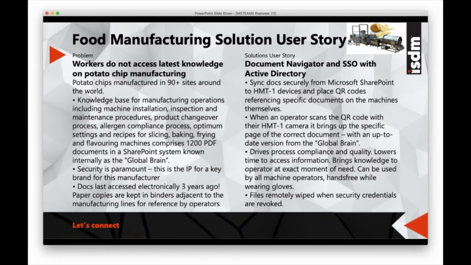We've got an example here for a food manufacturing site, where somebody in the crisp industry had created an incredible library of over 1,200 documents on the public drive for their organisation, and felt that was a really good piece of work that gave everybody all the training material that they needed. But of course, real world came in, and they realised that people just weren't looking at it.